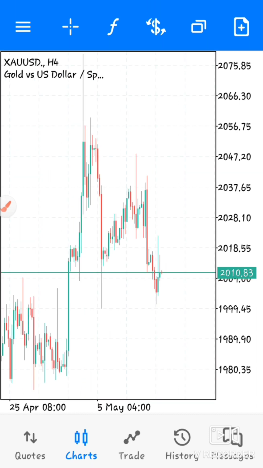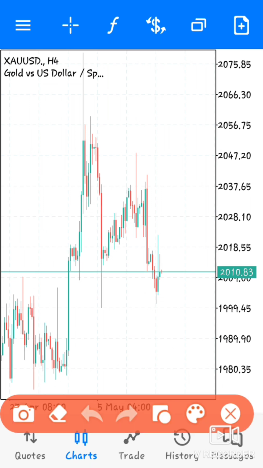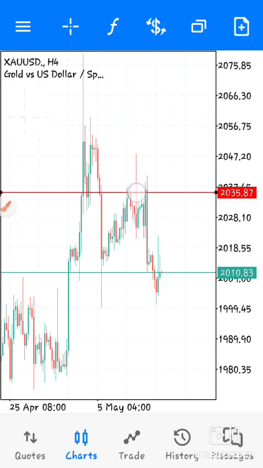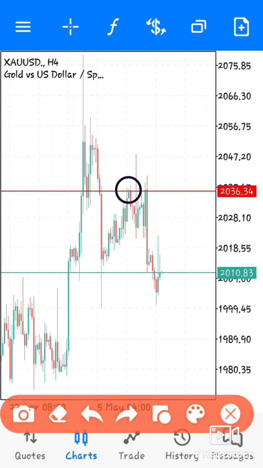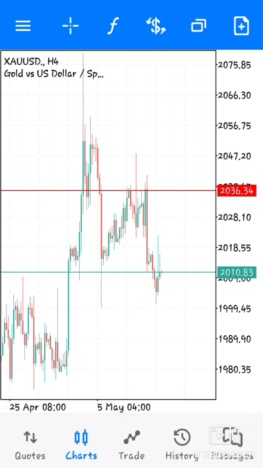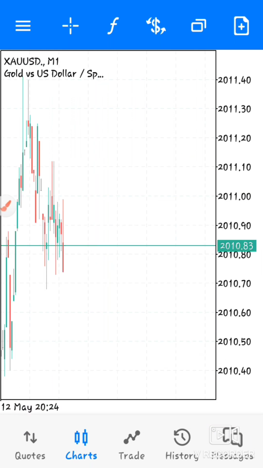For sell, you also follow the same process, guys. Assuming you want to sell, once you've marked your resistance level in H4, so that's your resistance level, all you need now is to switch to M1 or M5.